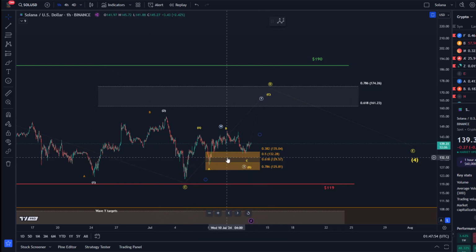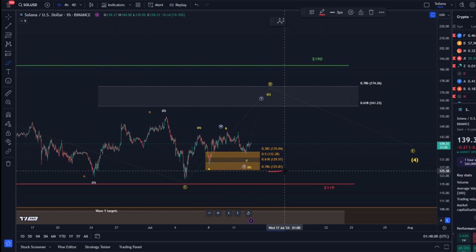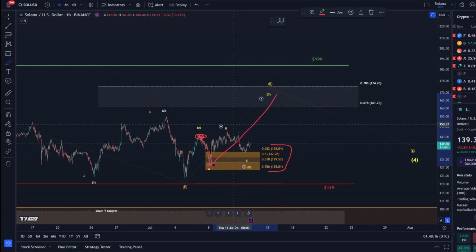The price has now reacted for a second time to that micro support area. It's defined between $125.81 and $135.04. These are the Fibs that were communicated once we put the top in place here in this A wave. Then we said, maybe this was the B wave already, and we're moving up in a C wave, but the proportions don't fully align.